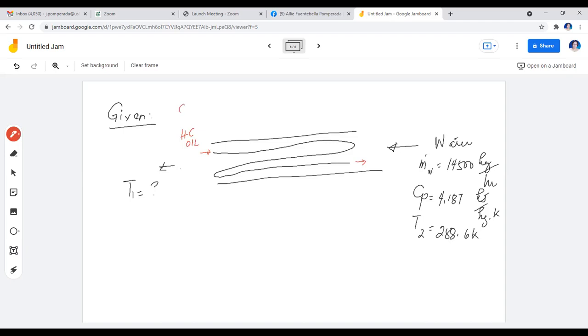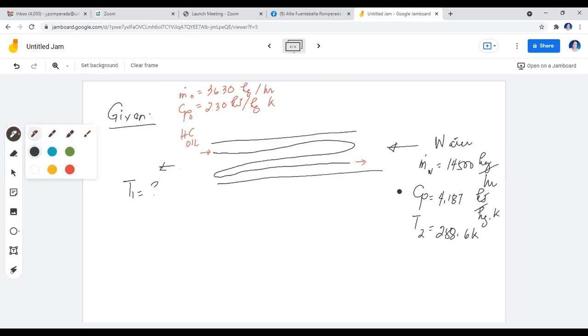Your CP for this, I'll just place here an O for the oil, is 2.3 kilojoule per kilogram Kelvin. And you're given the mass flow rate as well of the oil, which is 3,630 kilogram per hour.